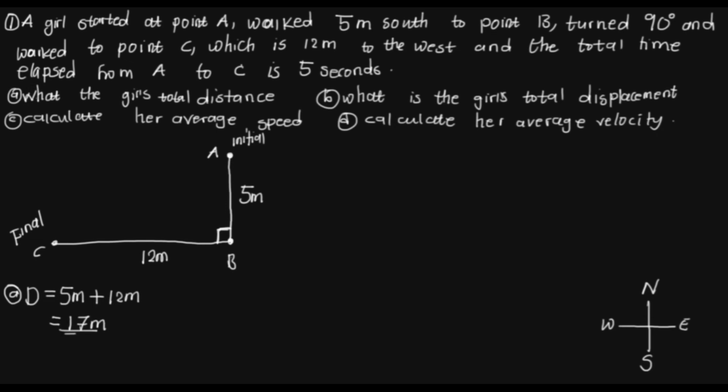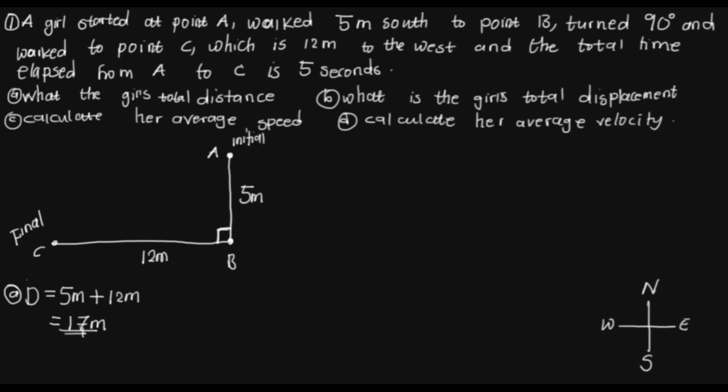So this is our total distance. In terms of distance, we need to count every part that was covered by that particular object, in our case, the girl.